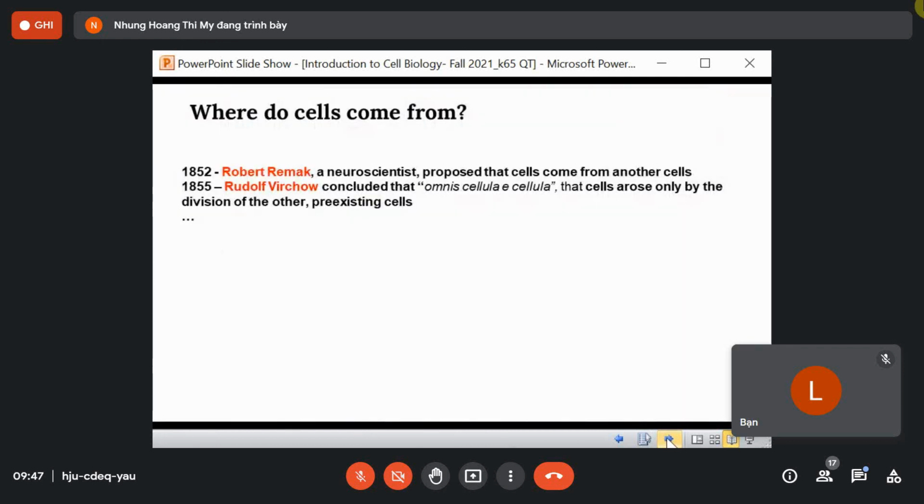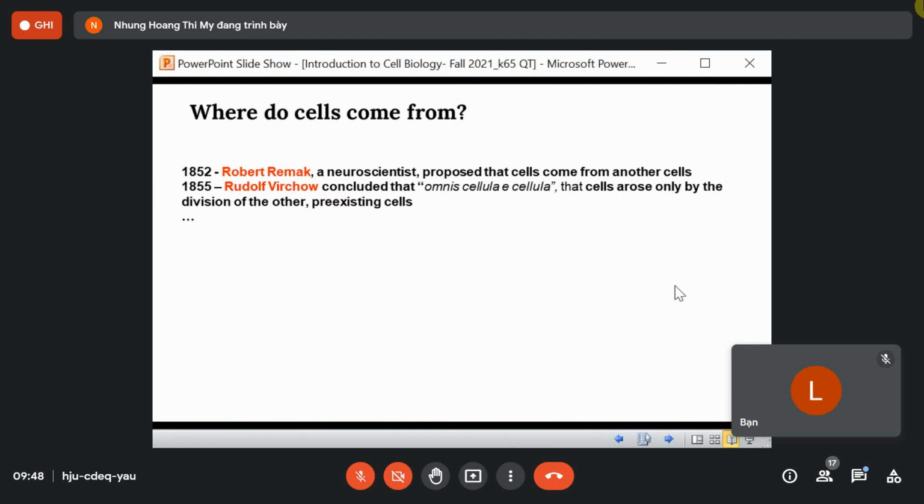But the big question at this moment is: where do cells come from? If I ask you now, where do cells come from? I don't ask about where the first cell came from, okay? But regularly, where do cells come from? Do you know?